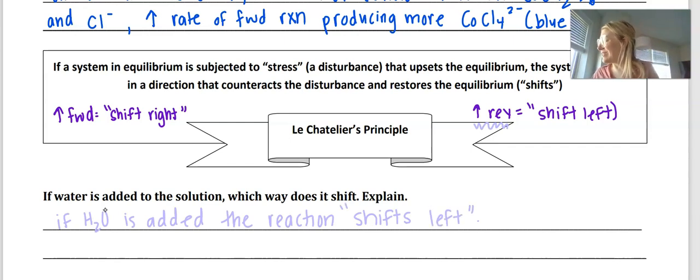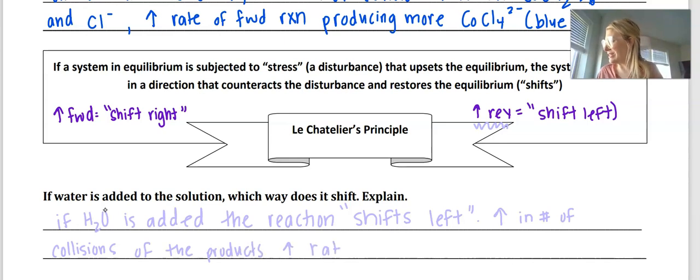There's an increase in the number of collisions of the products, increasing the rate of the reverse reaction, or a shift to the left, producing therefore more of our reactants.